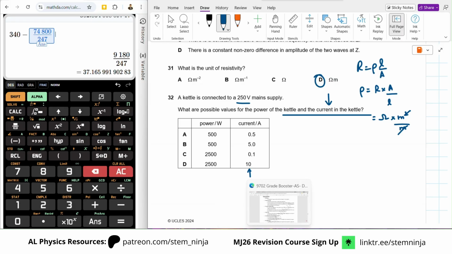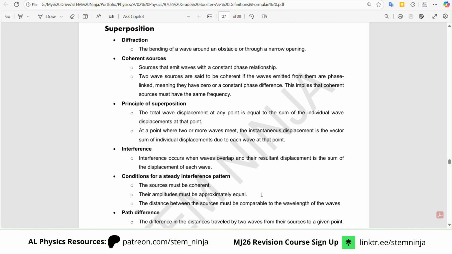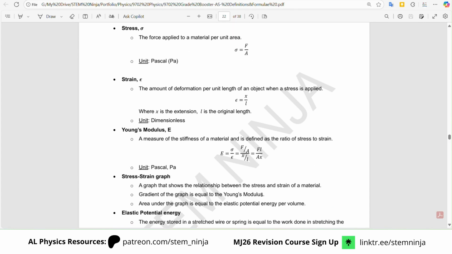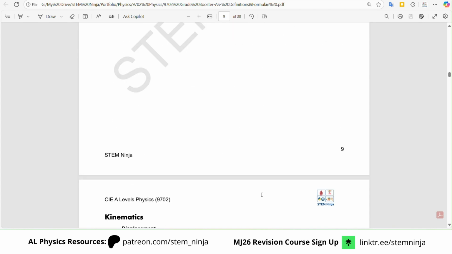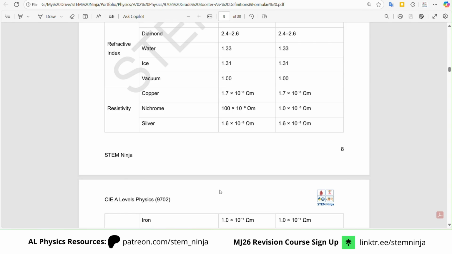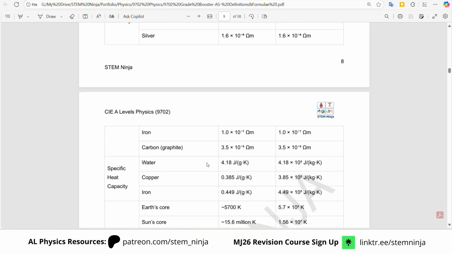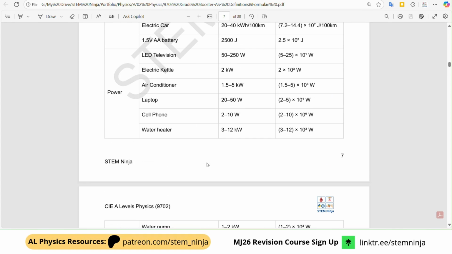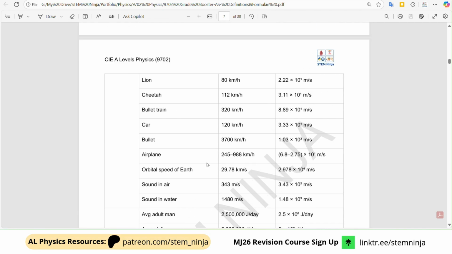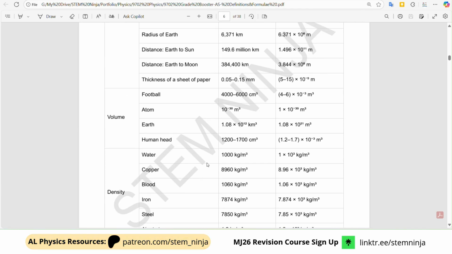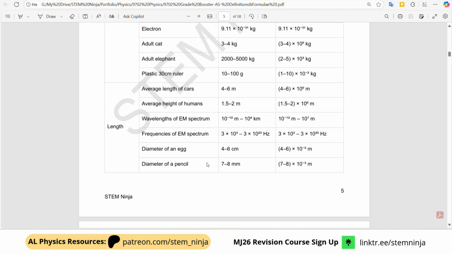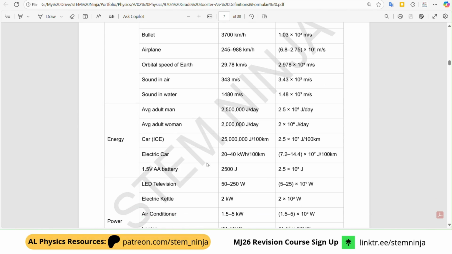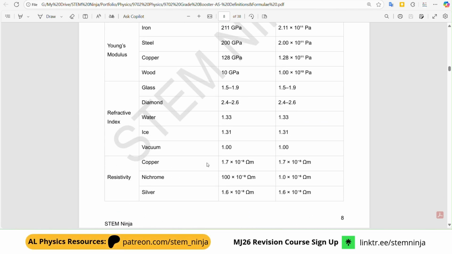So maybe I think that would be a reasonable estimate of kettle current. Let's see whether we have it or not. So no, sorry, current. Do we have current over here? We don't have current, but okay, that's a surprise.